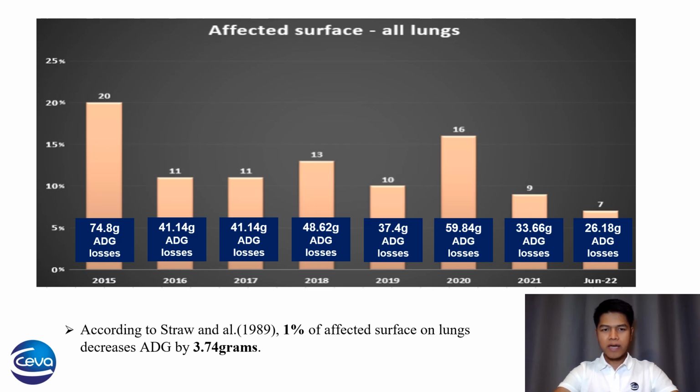According to Stroh et al., 1% of affected surface on lungs decreases ADG by 3.74 grams. Through the Ceva Lung program application, ADG losses can be predicted by using the accumulated data.